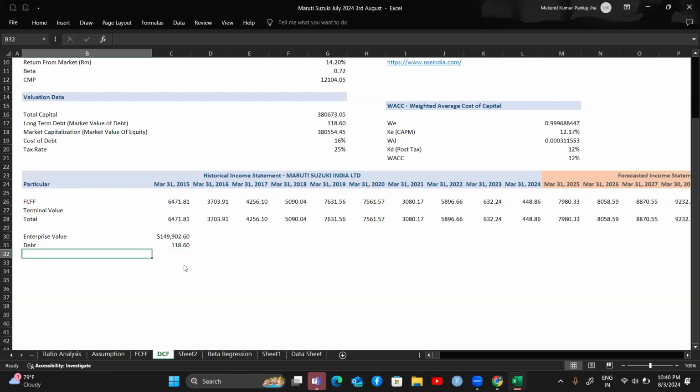Next, enterprise value. Formula for enterprise value is market value of equity plus debt minus cash. Now, how will I have market value of equity?